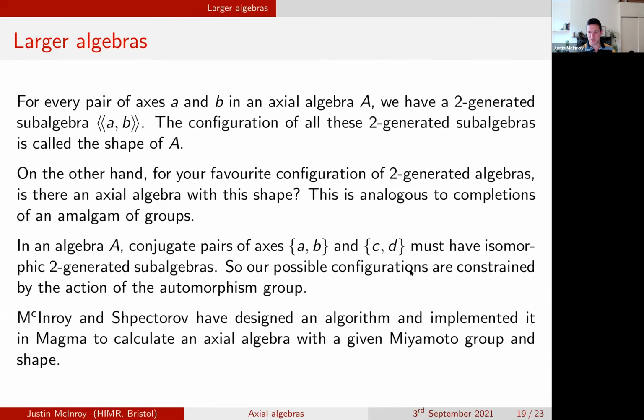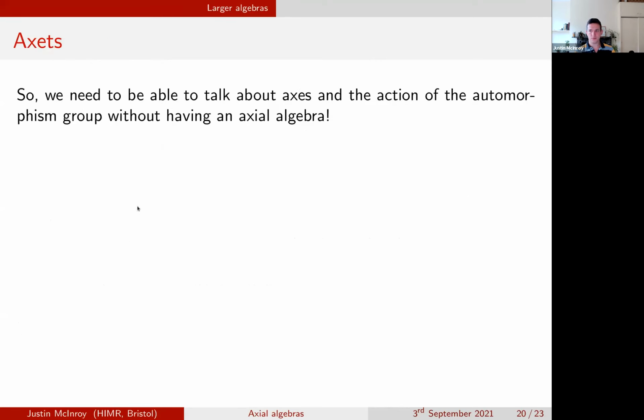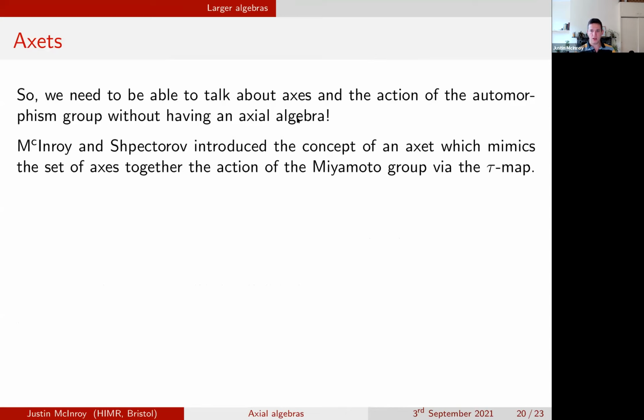So just going back to our configurations, we need to somehow be able to talk about this without knowing that we have an axial algebra. And in a paper which came out just earlier this year on the arXiv, Sergei Shpectorov and I have introduced this concept.